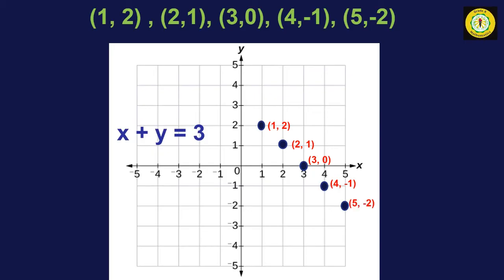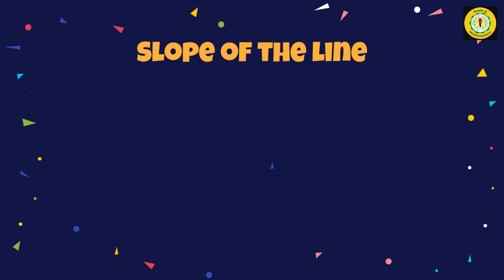After po niyan, i-connect natin lahat ng point. So makakabuo tayo ng straight line. So ito po yung itsura ng graph ng equation natin na x plus y equals 3.